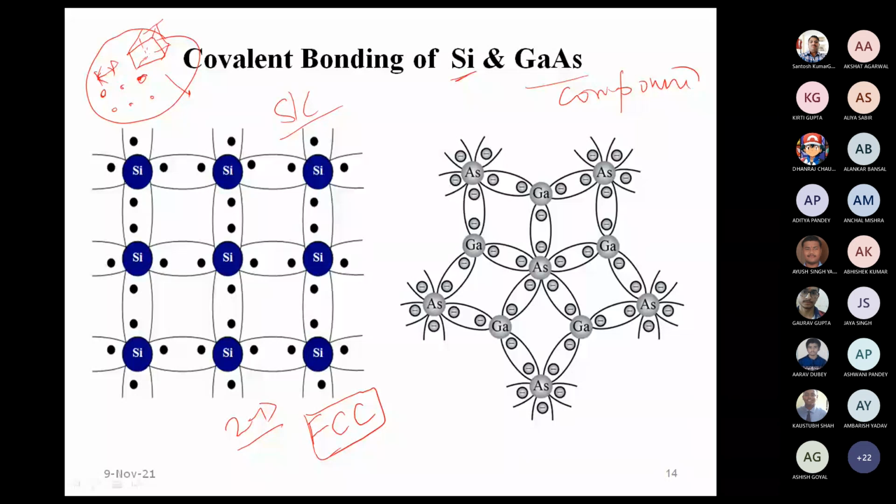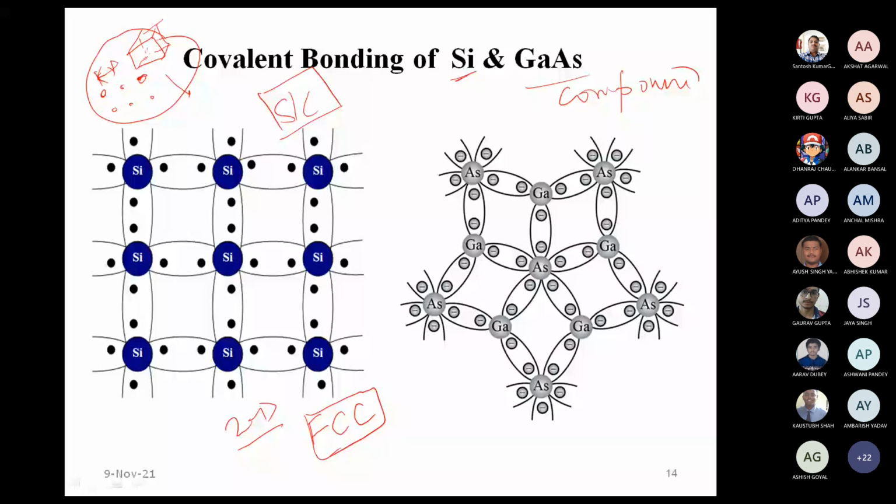In three dimensions, it may look like a pyramid structure, but that is not of much worry for us, because we are trying to understand the electrical properties of these materials. Rather, we are looking at how electrons are distributed and how the bonding is formed between the silicon atoms, which are spatially arranged in a material.